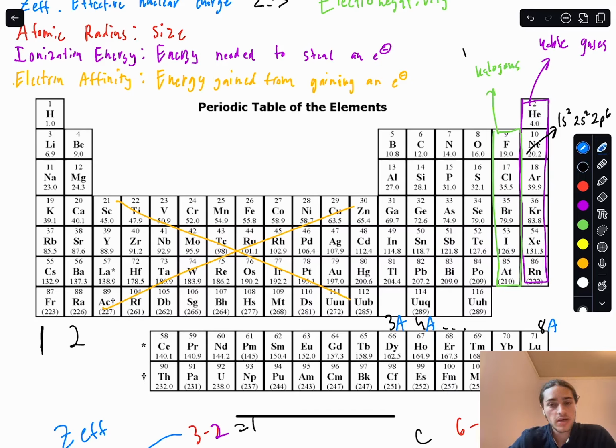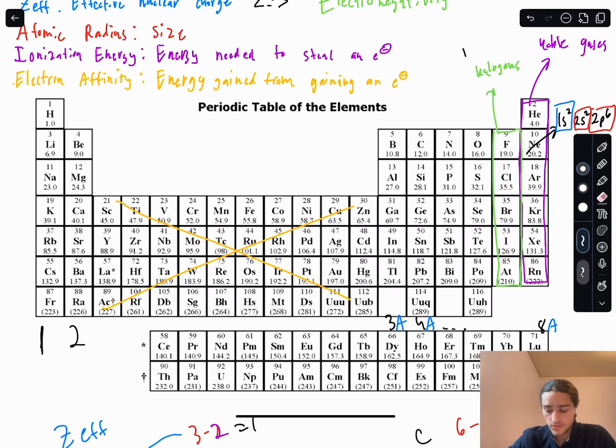And remember, a shell is all the orbitals with the same principal number. So with 1s2, all the 1 orbitals are completely full, and then the 2 orbitals, so 2s2 and 2p6, are also completely full. So the noble gases have completely full shells, which means that they're really stable. That's the most stable configuration for an atom.